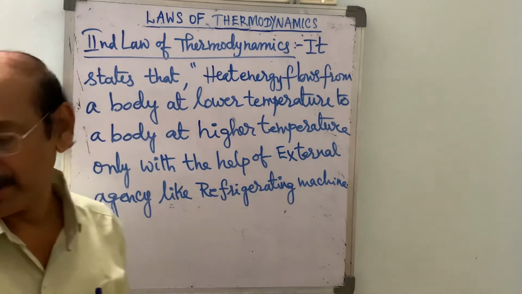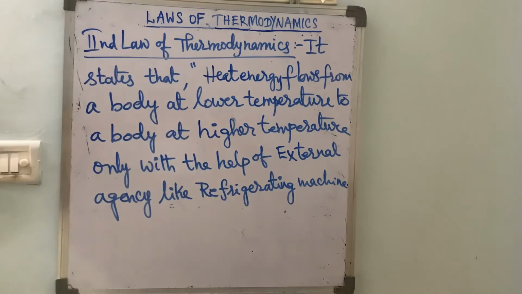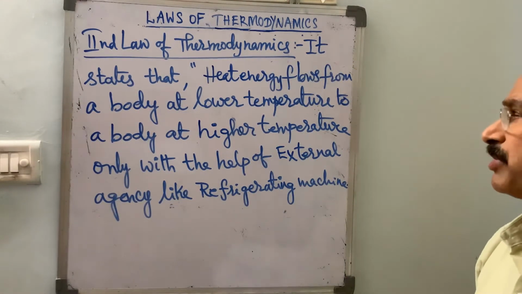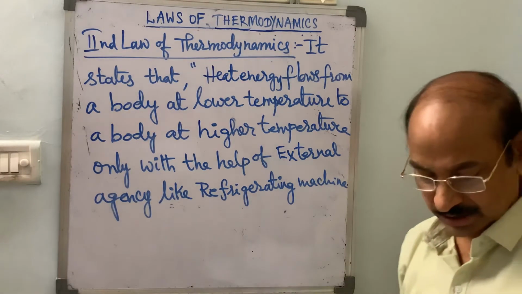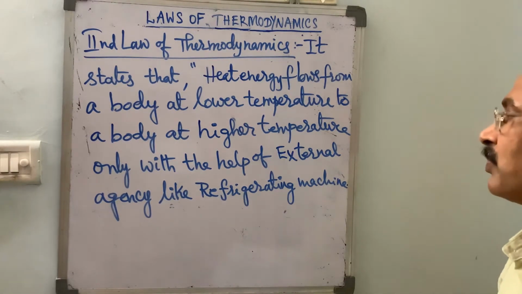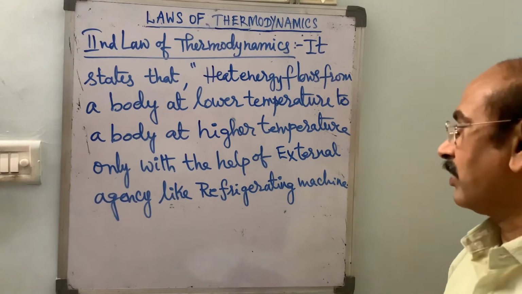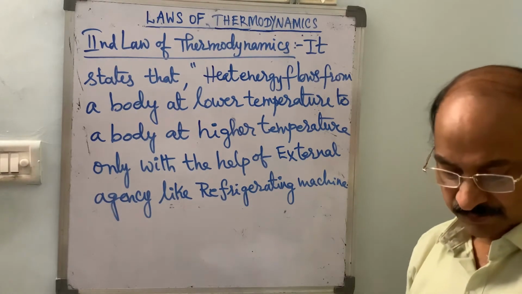So, according to the second law of thermodynamics, heat energy flows from a body at lower temperature to a body at higher temperature only with the help of an external agency like an AC or refrigerating machine.